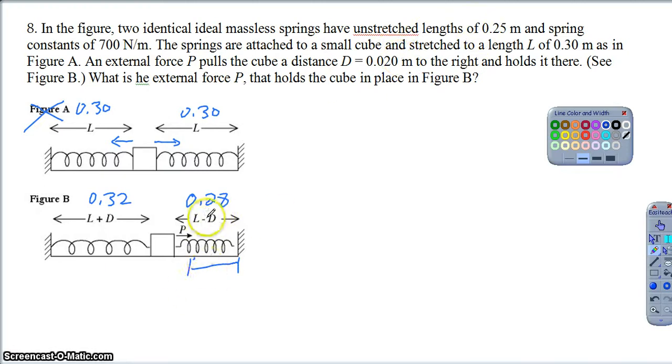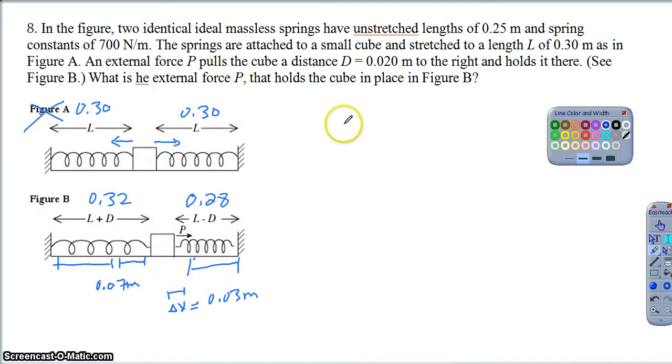So the 0.28 with respect to the spring has actually still stretched it, so I'm going to call that delta x down here, but it's still stretched at 0.03 meters past its unstretched length, its standard length. On this side, the standard length is also 0.25 from what they gave me earlier. So this spring has now been stretched to a total stretch of 0.07 meters.